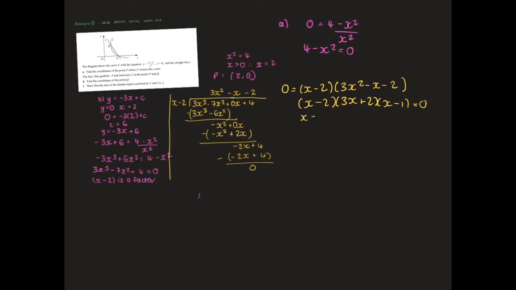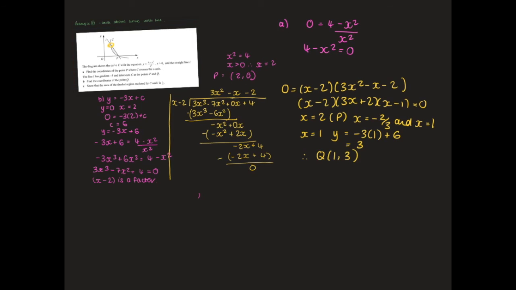So I know that x equals 2, that is P, but I also have x equals minus 2 over 3 and x equals 1. I look back at my curve. I can see at point Q that I've got a positive x value, so I know that x equals 1. I can stick it back into my equation for my line to find y. I know that that's 3, therefore Q is the point (1, 3).